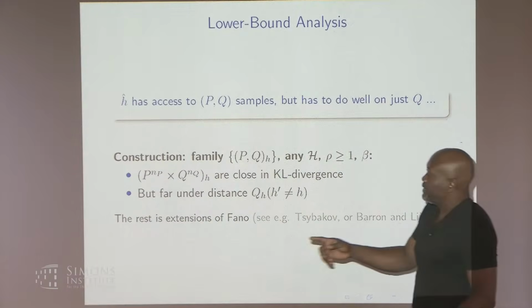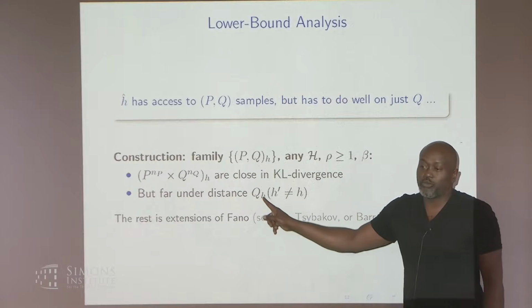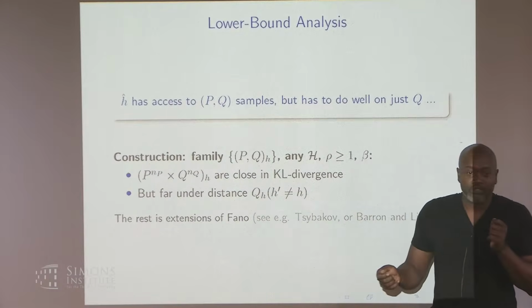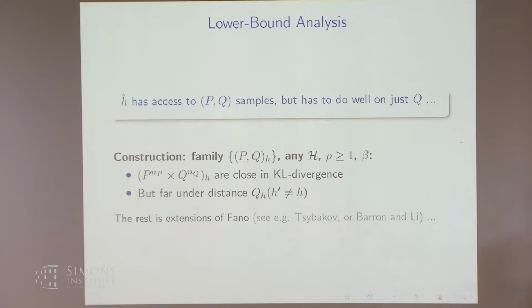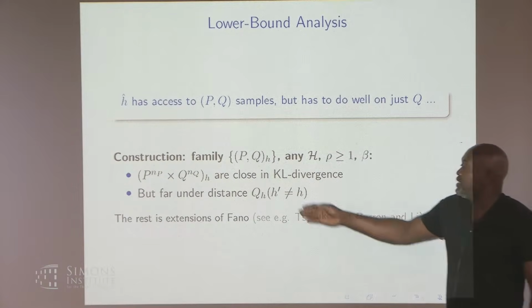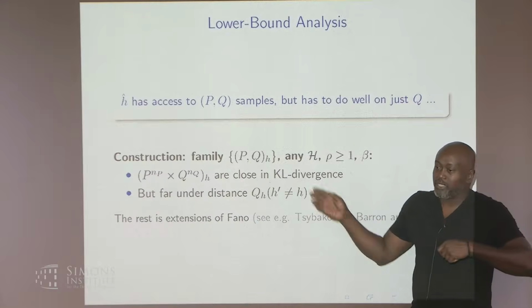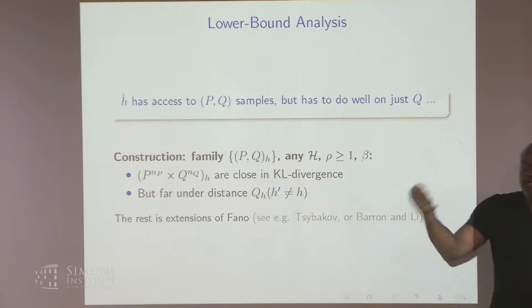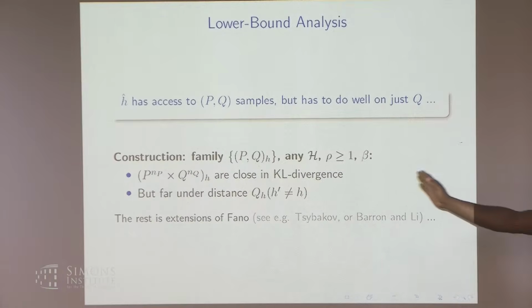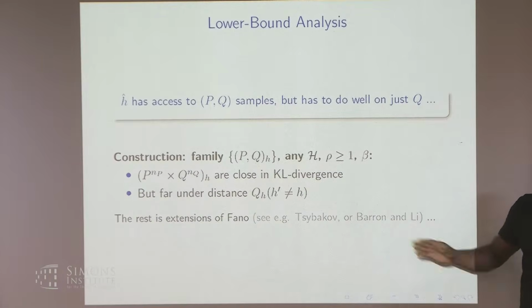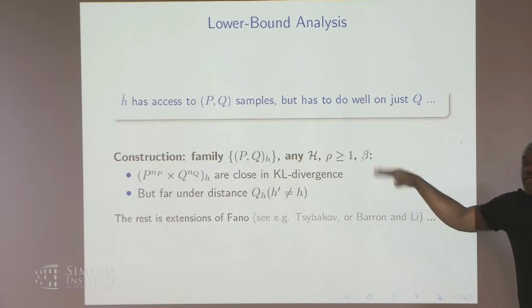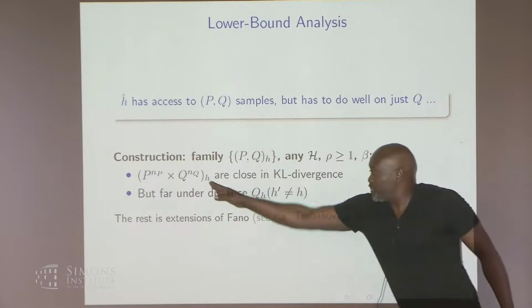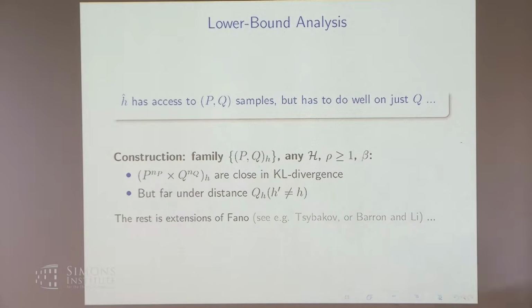And yet, under only the Q distance, they are far. That's the key difference from the usual lower bound, where we make them close under KL divergence, measured under the same distribution, and far also in the loss you want. Here, we had to combine distributions in such a way that the pairs are close, but under the marginal, they are far.